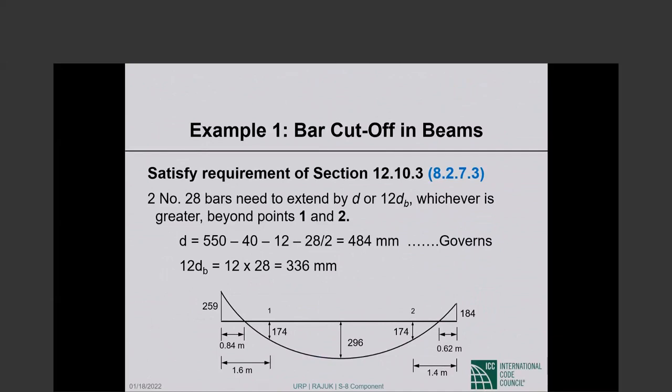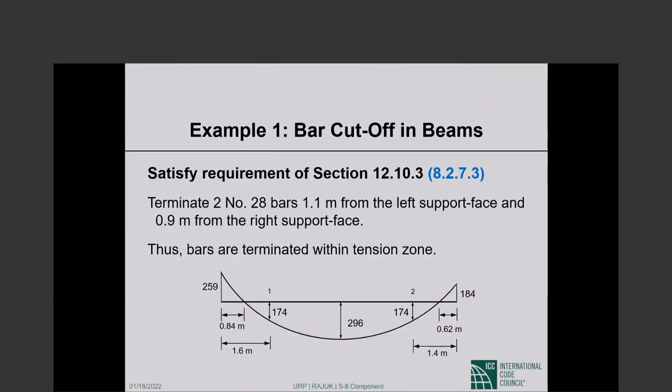So 484 is the extension, right? So terminate 2 number 28 bars 1.1 meter from the left support face and 0.9 meters from the right support face. So this is 1.6 meters. If you take away the 0.484, basically 0.5. Theoretically, the bars can be cut off here, but they need to go another half a meter.